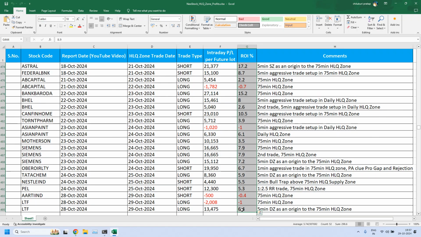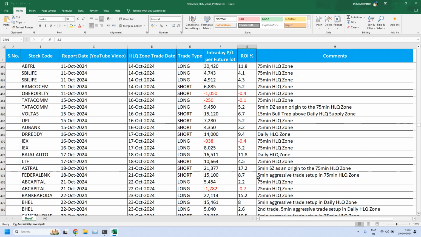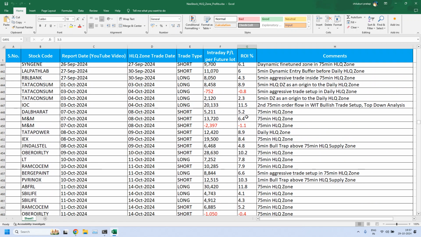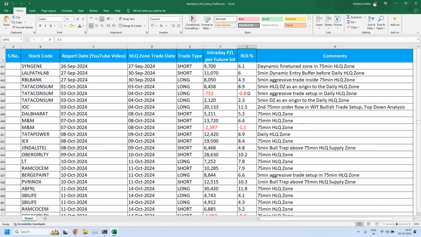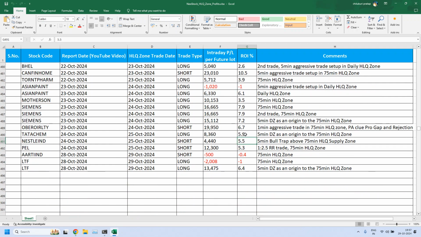So far 5.7% ROI it has given out of 52. And 9 trades have failed so far. Out of 52, only 9 trades failed, and the successful trades are 43 so far in the month of October.